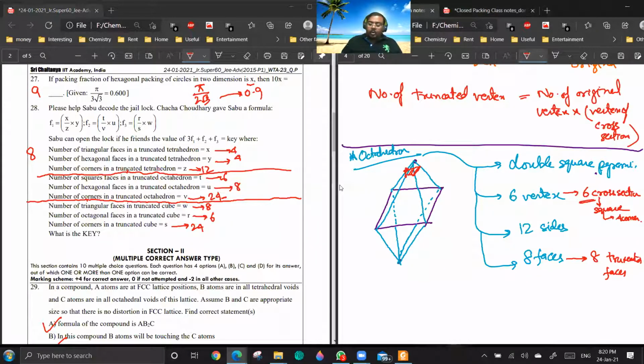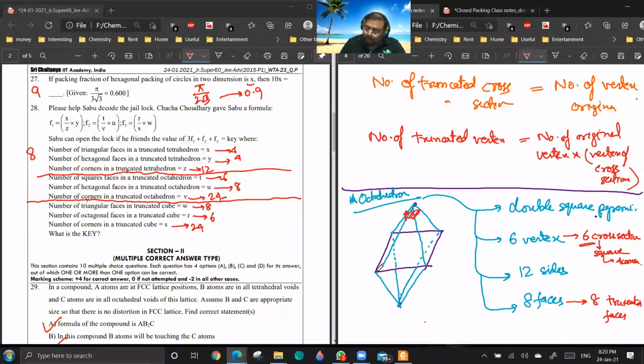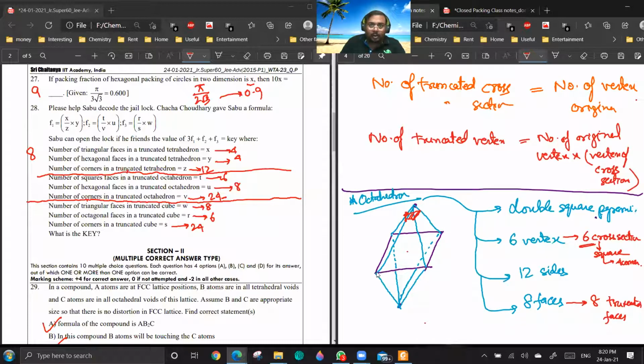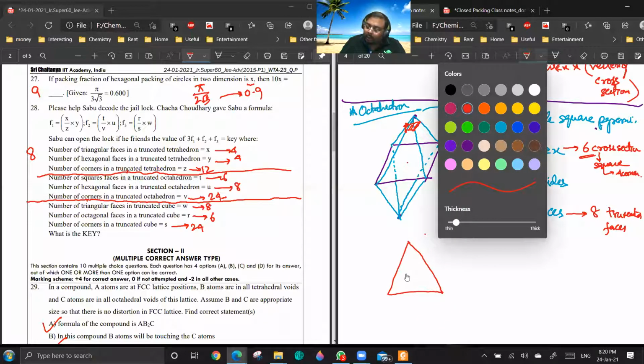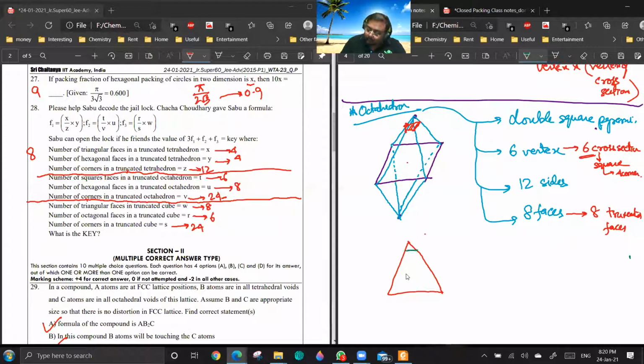Now let us talk about the number of hexagonal faces. If you see, when you're cutting it, each face of an octahedron is a triangle only. Yes or no? Yes. And if you are cutting along the vertex, like this, this, and this, what is the resultant face?